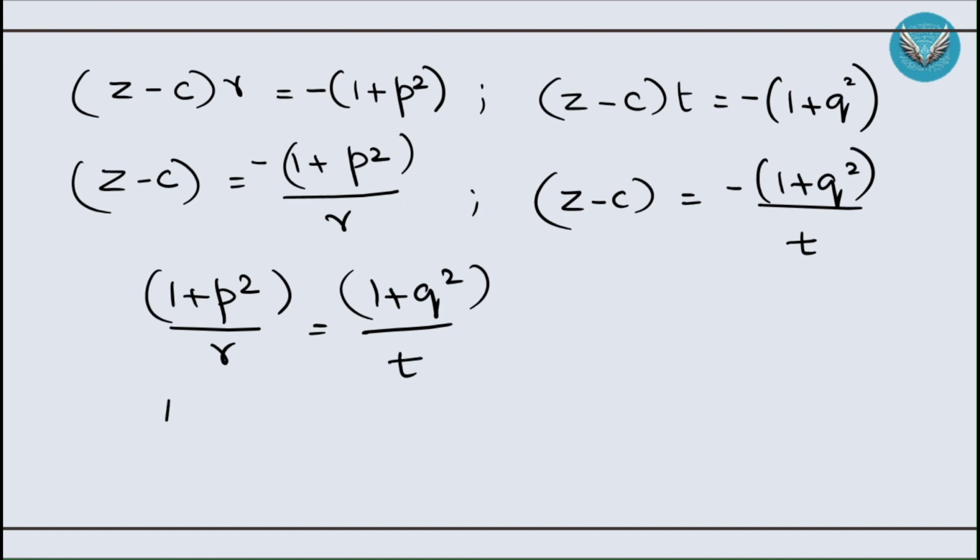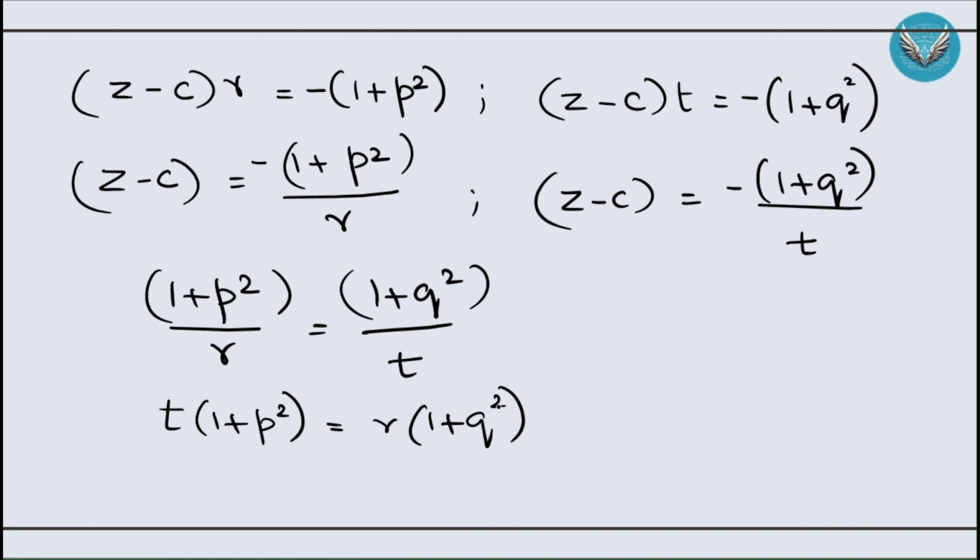So t into (1 plus p square) is equal to r into (1 plus q square). This is the required partial differential equation formed by eliminating the arbitrary constants a, b and c.